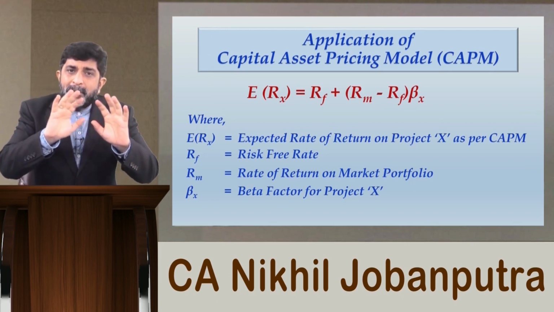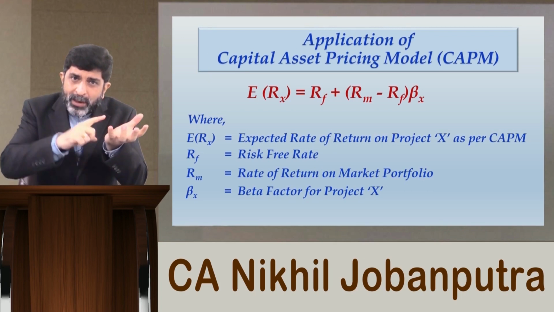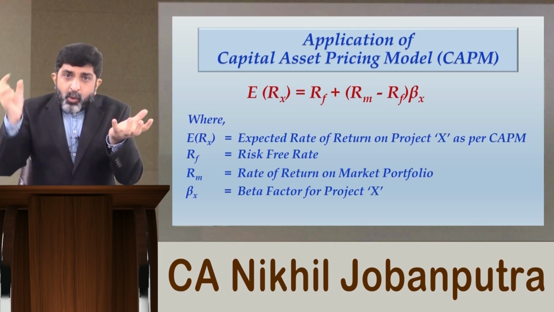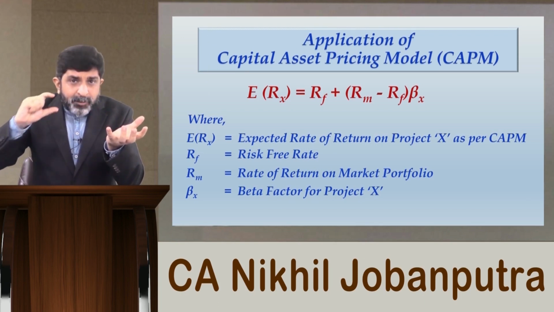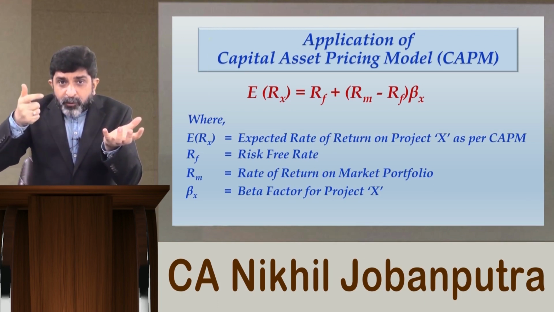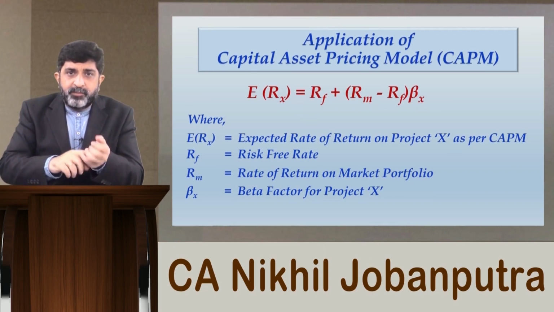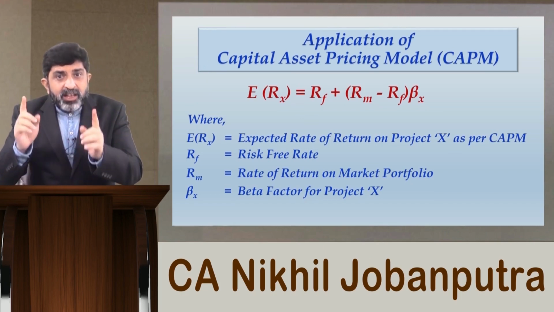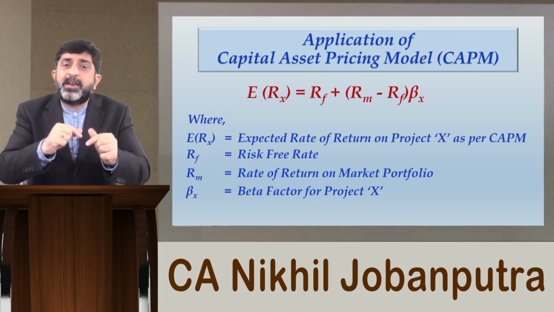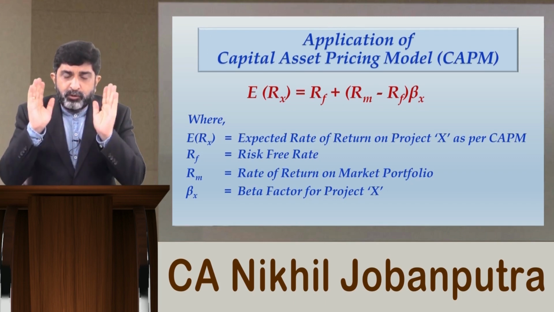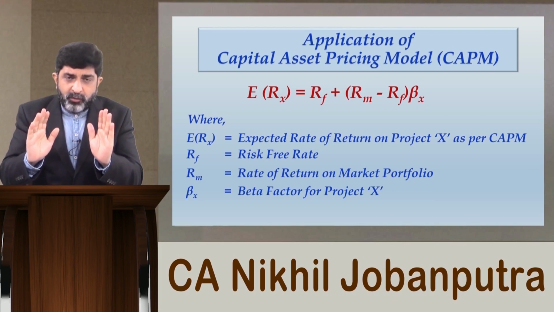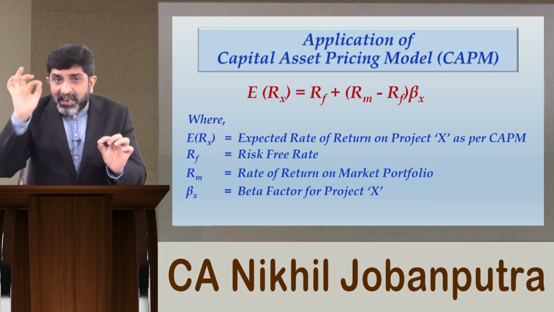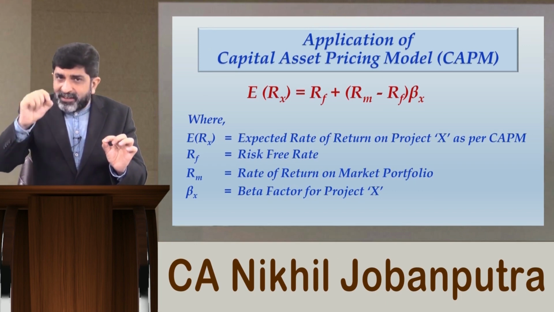So market risk will be considered as the base, and the beta being informed will be the degree of risk as compared to the market. In other words, beta is a measure of risk in relation to the risk prevailing in the market. So please understand this point very well. Beta is a measure of relative risk, and I gave you an example.